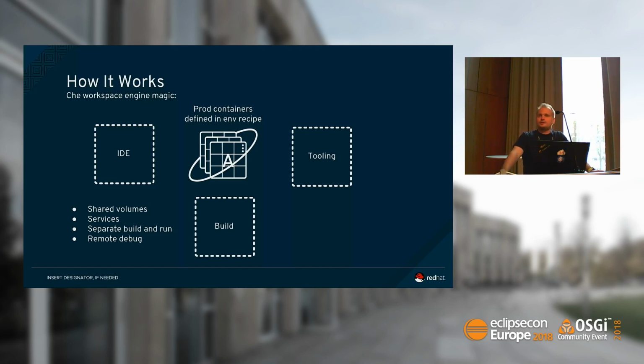They use services, Kubernetes services, to communicate with each other when necessary. As said above, you can separate build and run, and you can attach a remote debugger from the IDE into any of the runtime or build containers where your app is running in a debug mode, listening on a socket.